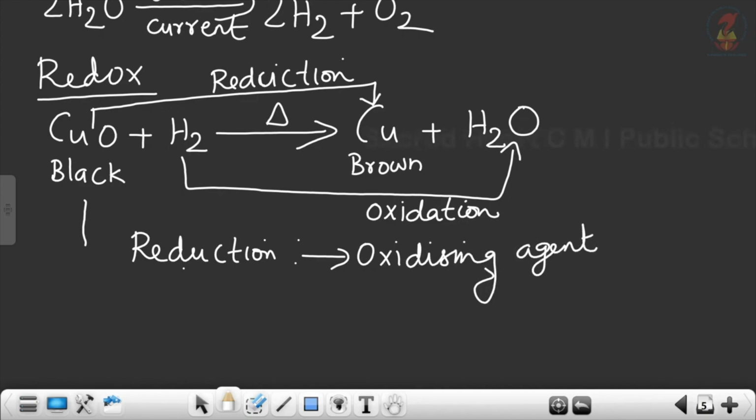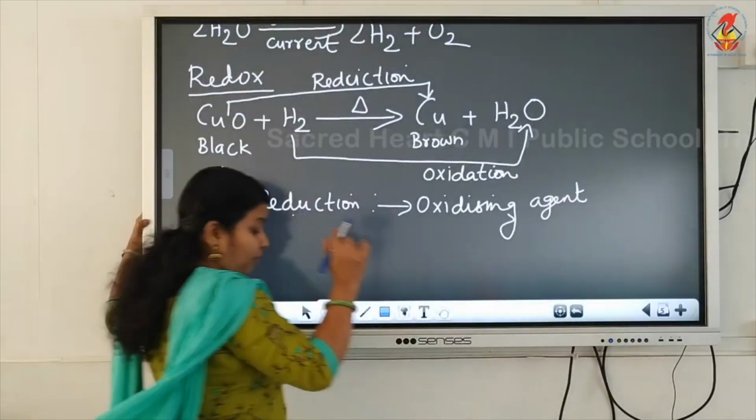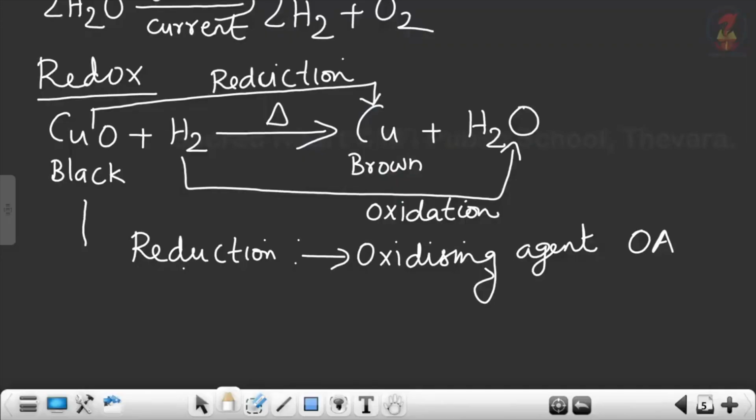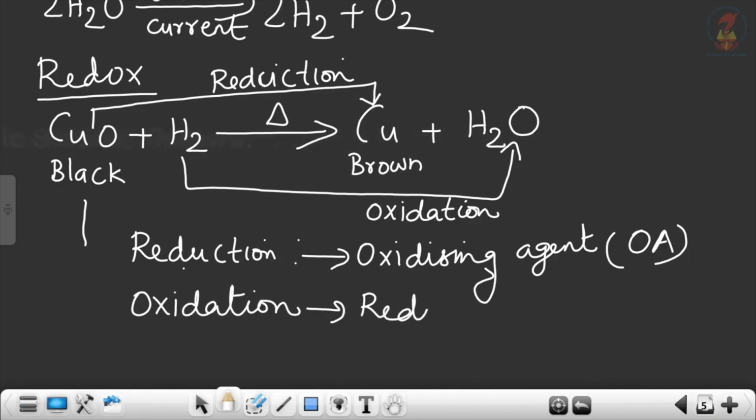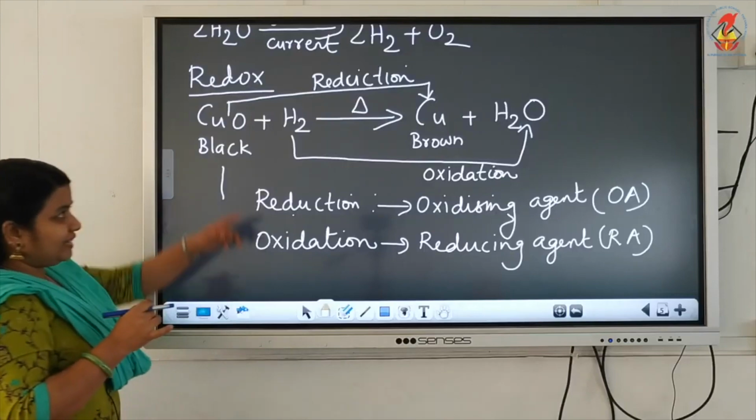The substance that undergoes reduction is known as the oxidizing agent. It can be represented as OA. Now the substance that is undergoing oxidation is known as the reducing agent, RA.